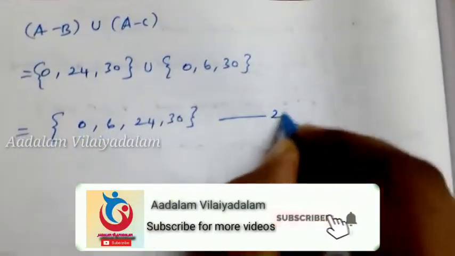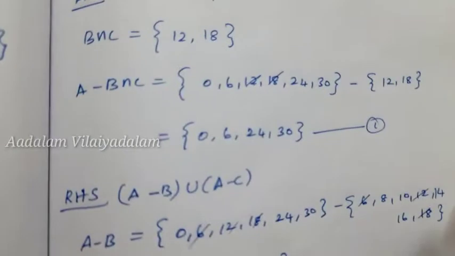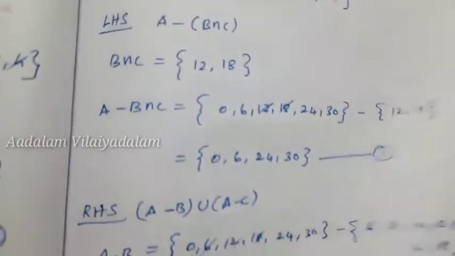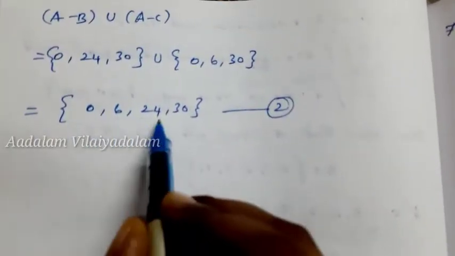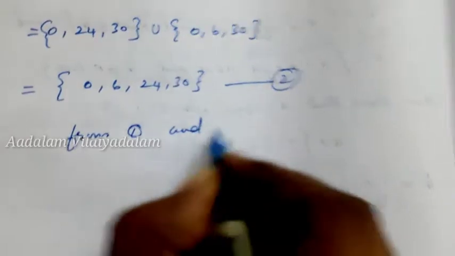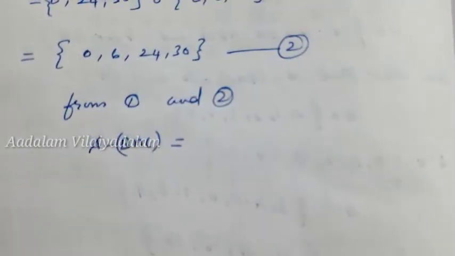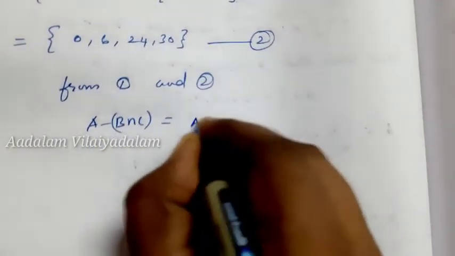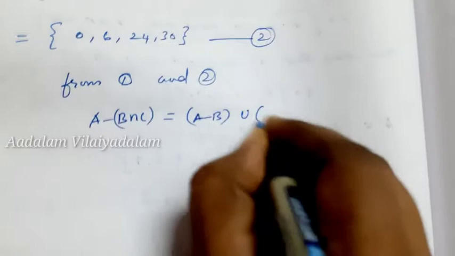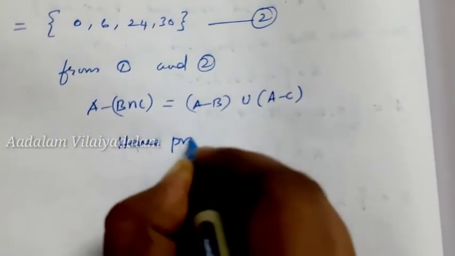Take it as equation 2. Now if we compare equation 1, 0, 6, 24, 30, we get the right hand side also 0, 6, 24, 30. So we can conclude from 1 and 2, A minus (B intersection C) equal to (A minus B) union (A minus C). Hence it is proved.